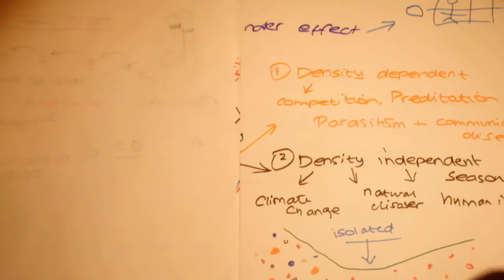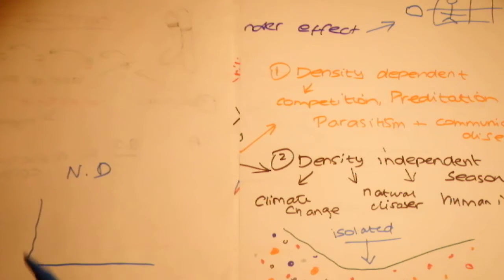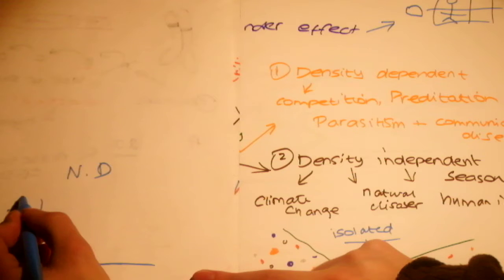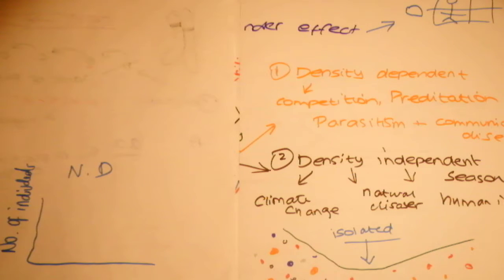These characteristics can be seen on a graph. So if you have, this is called stabilizing selection. This is a normal distribution, and you have number of individuals up here, and you have variation down here.